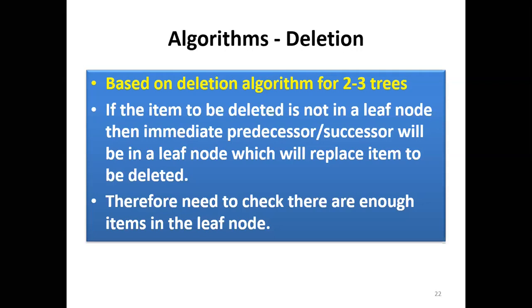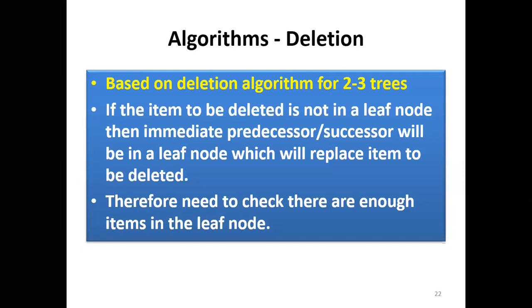If that data is not in the leaf node, then when we perform the deletion, we have to replace that data location using either the predecessor or the successor. To determine which of them we use, we'll see from the example. This also implies that we need to check that there is enough data in the leaf node.